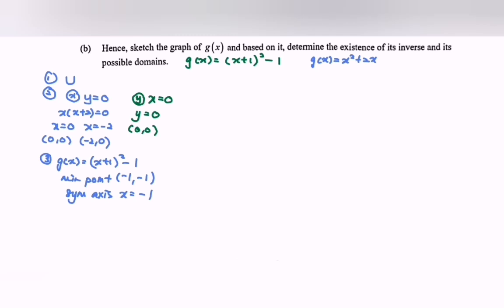Kindly refer to the graph. At first we have (0, 0), then we have (negative 2, 0). Write the situation. We have (negative 2, 0), then the coordinate (0, 0). Next we have the minimum, the coordinate (negative 1, negative 1).